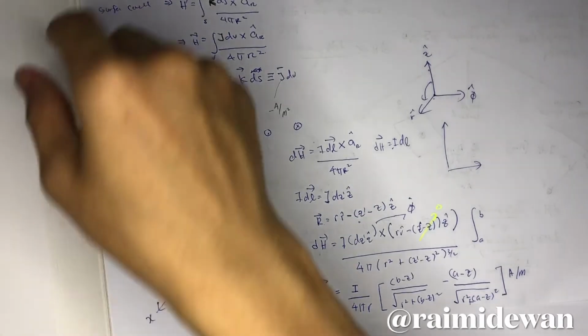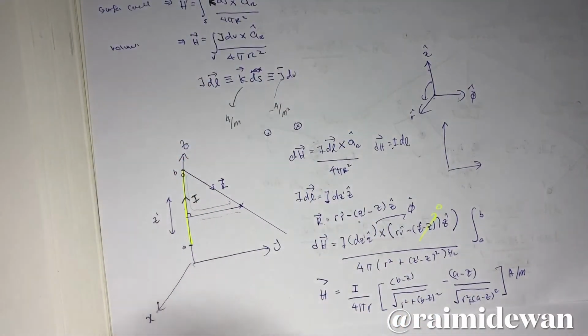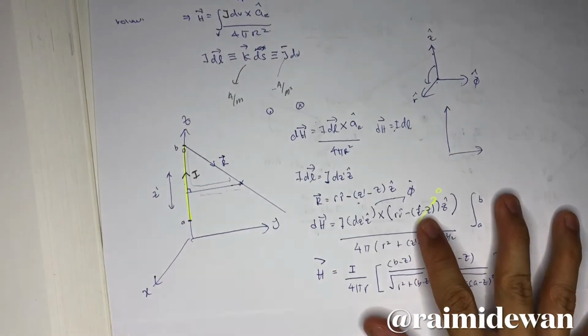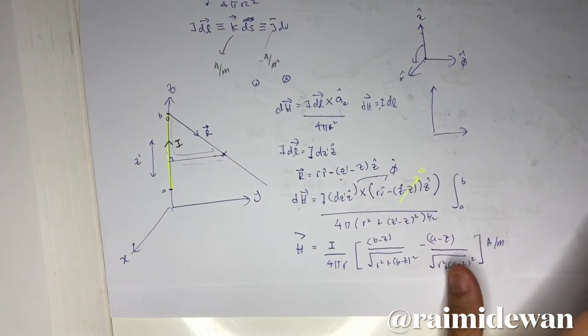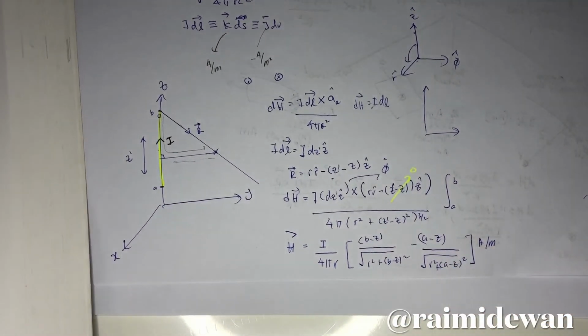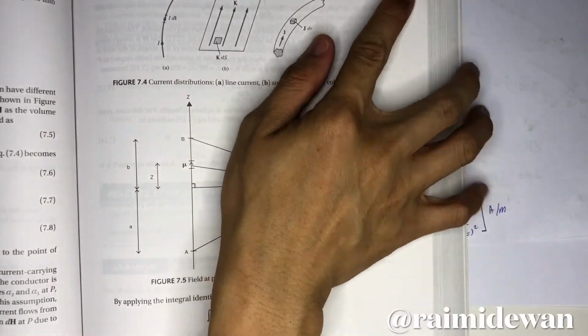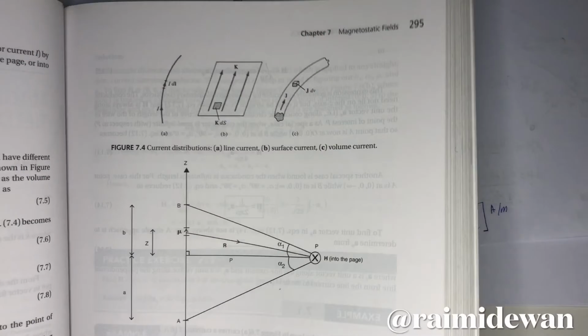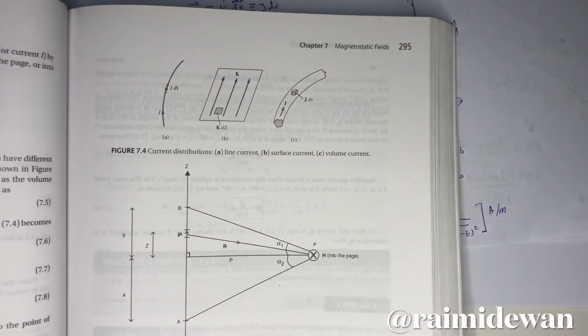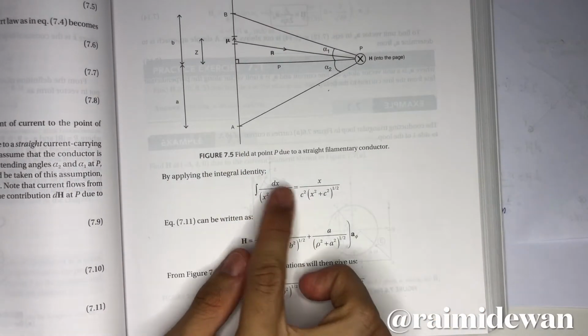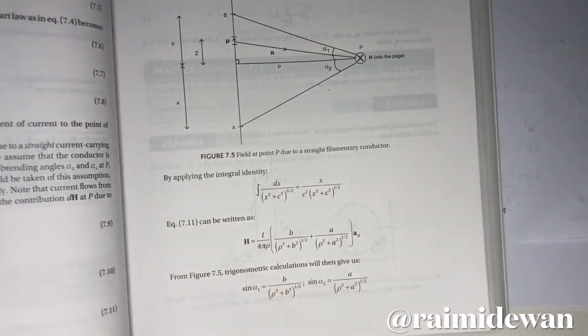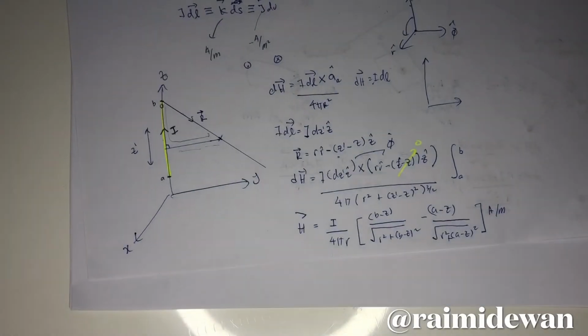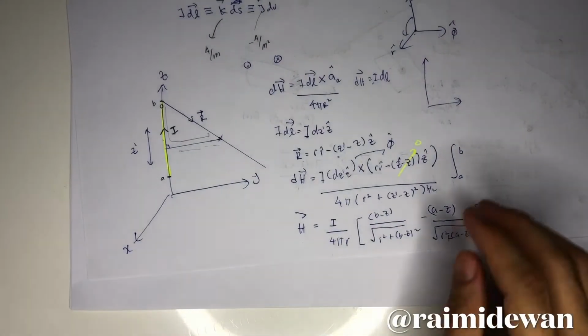This is provided, because we engineers don't need to memorize. So question 295. They show this integral identity, so we can use it directly. Then, what?